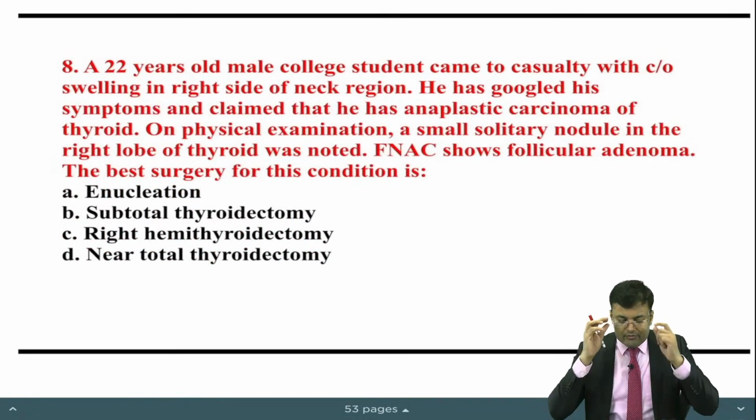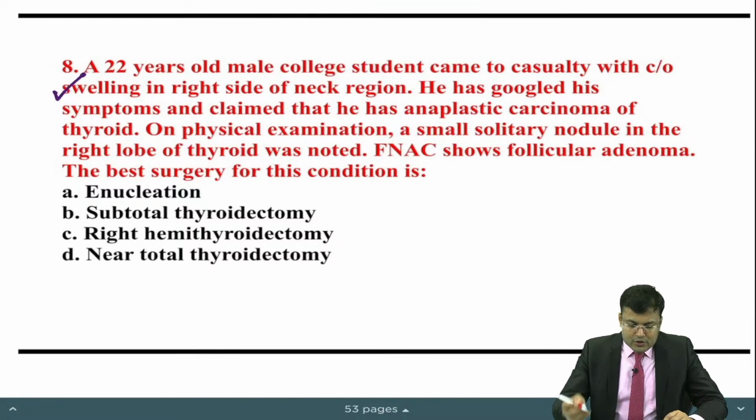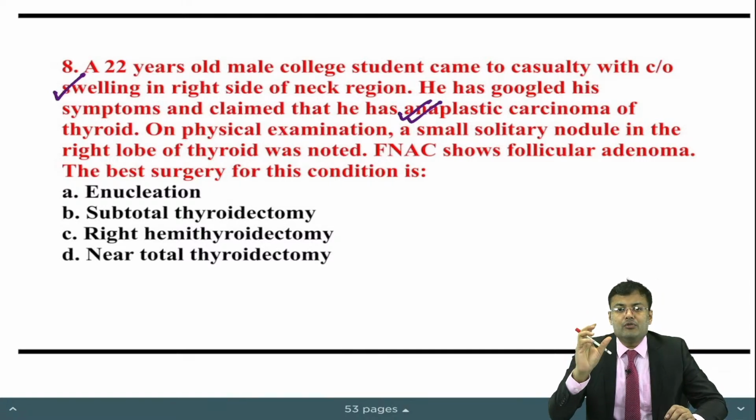Okay. Read this question. 22 years old male college student came to casualty with complaint of swelling in the right side of neck region. He has googled his symptoms and claimed he has anaplastic carcinoma thyroid. On physical examination, there is small solitary thyroid nodule.